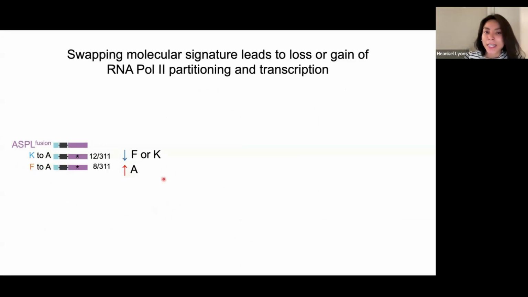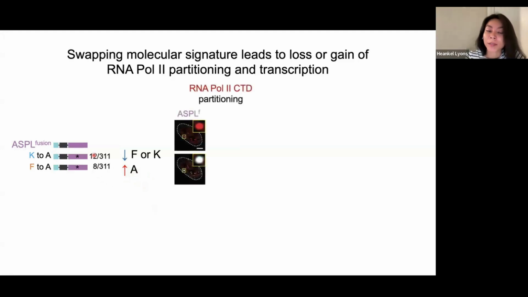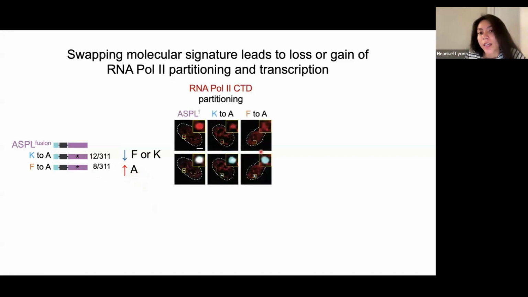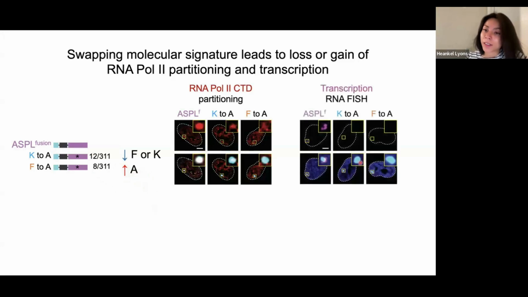In this way, we're swapping the signature, if you will, because alanine is one of those aliphatic residues that is actually depleted in these proteins. So ASPL is a fusion that captures the RNA Pol II CTD, but the fusions with these mutations or substitutions capture less of the CTD. And when I test for transcription, they do not activate the reporter.